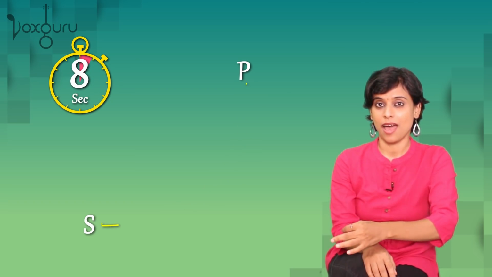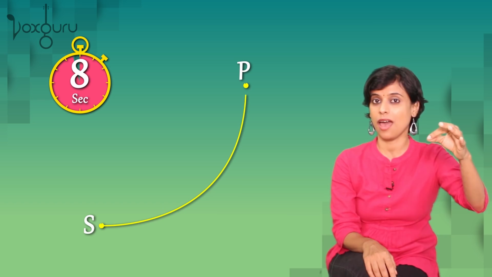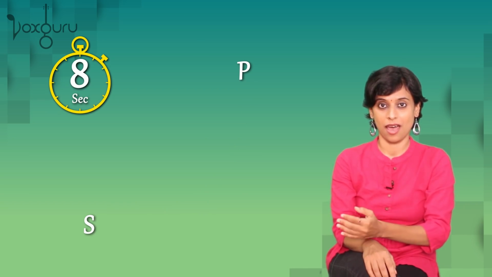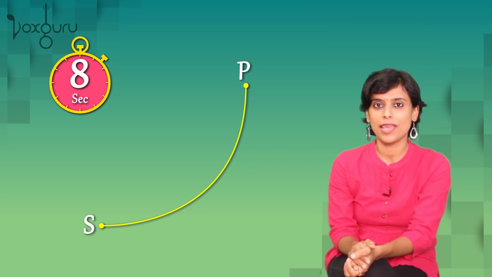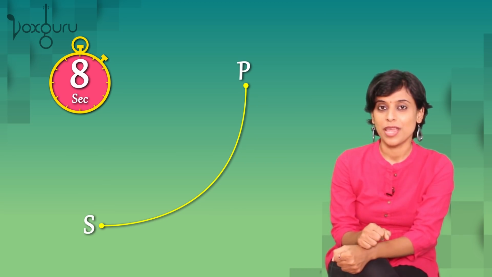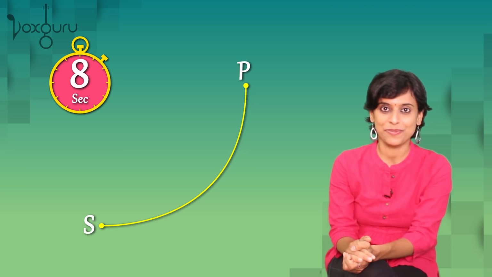And now 8 seconds. So if you noticed, the longer glides are more difficult than the faster ones, right?